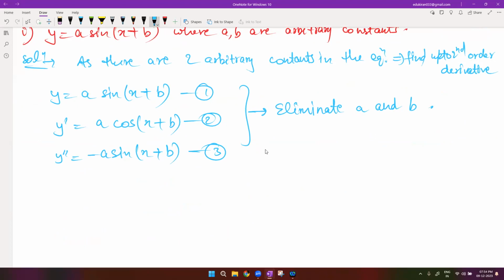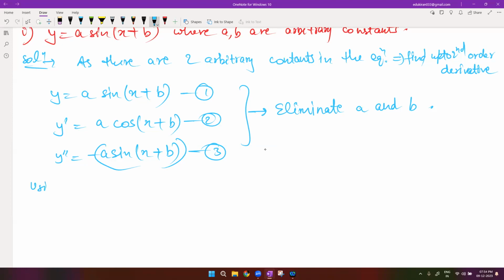The third equation is just the negative times of the first equation on the right hand side. If you observe, a times sine of x plus b is equal to y. This part is the same. This is a times sine of x plus b. This is also a times sine of x plus b. What is a times sine of x plus b? y.